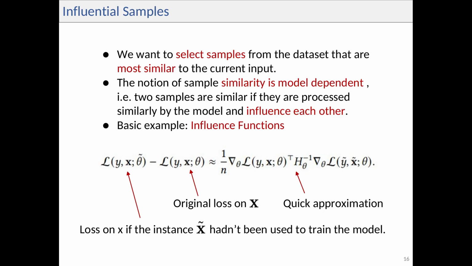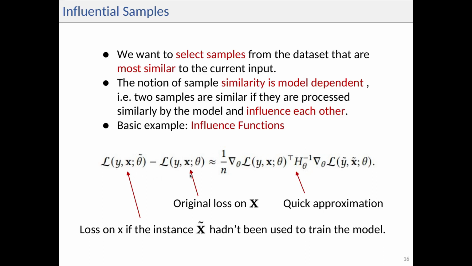And the way you do this is influence functions. Here on the left we see we're interested in modeling the difference between the loss on a specific instance, so the loss on the pair (x, y), which is just a single instance input-output, and parameters theta.